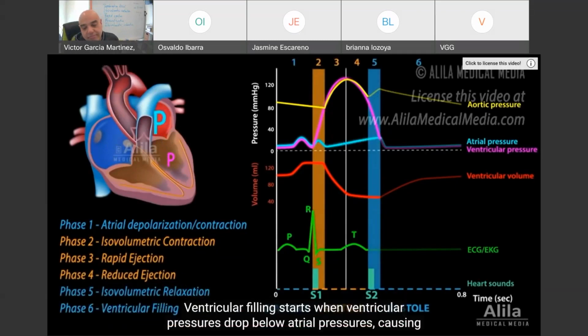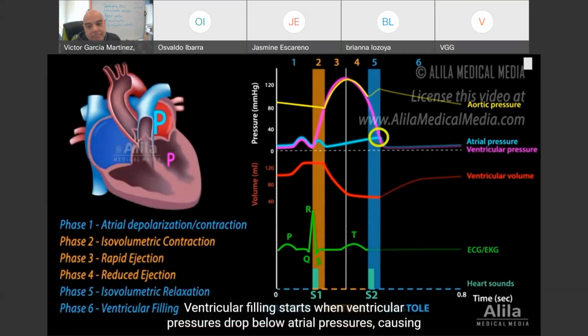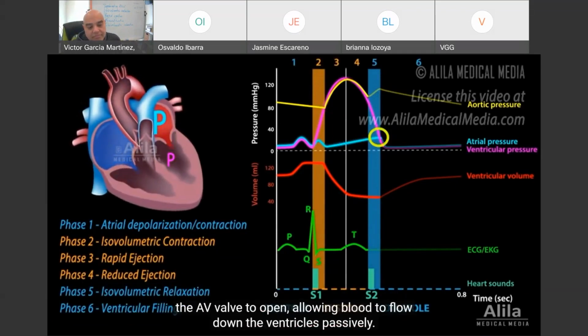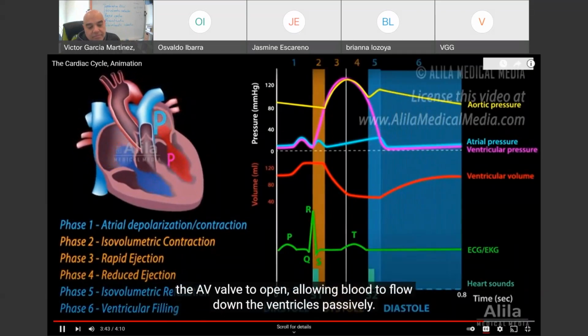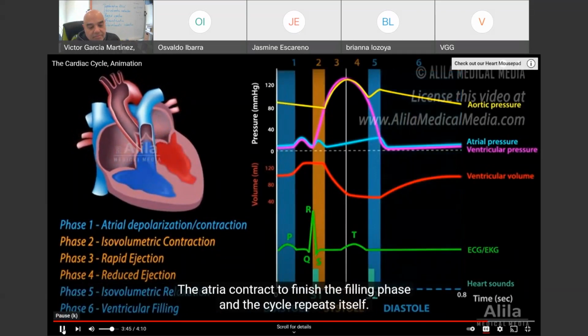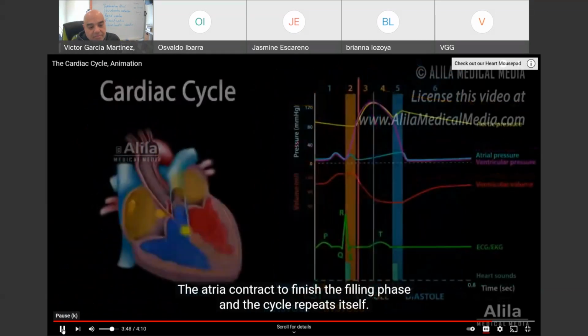Ventricular filling starts when ventricular pressures drop below atrial pressures, causing the AV valves to open, allowing blood to flow down to the ventricles passively. The atria contract to finish the filling phase, and the cycle repeats itself.